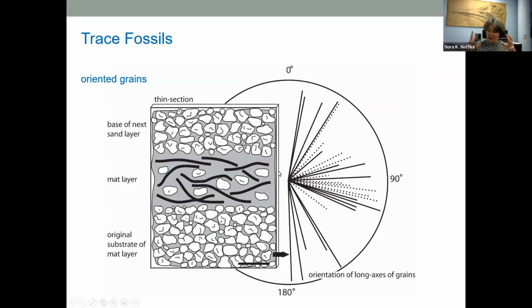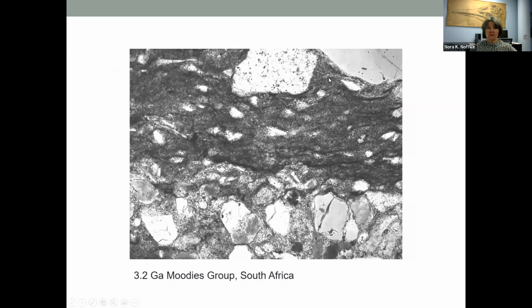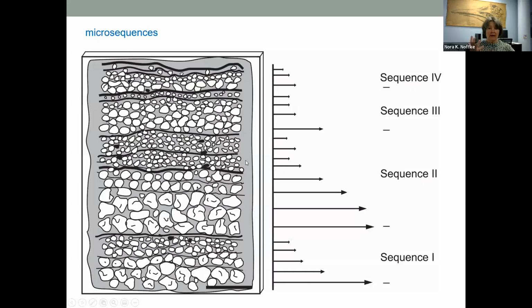Over time, that biofilm becomes thicker, so the grains are pushed away laterally, until we have this very characteristic texture of oriented grains. Here we can see this nicely in the fossil record. It's one of the very typical textures that is related to MISS. This here is from the Moodies Group, 3.2 billion years old, from South Africa.